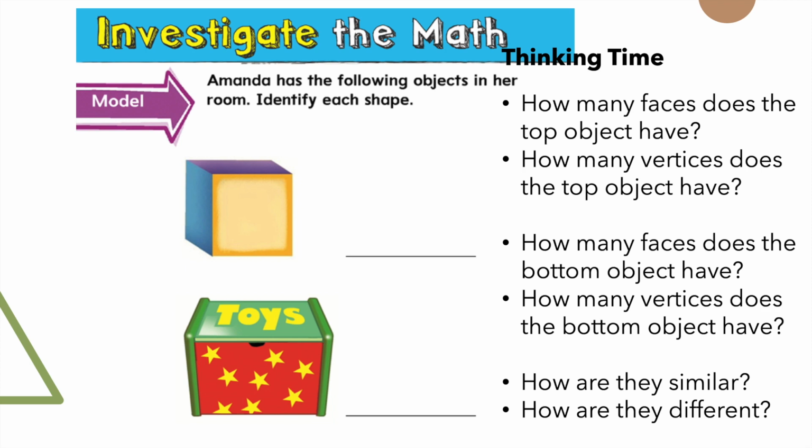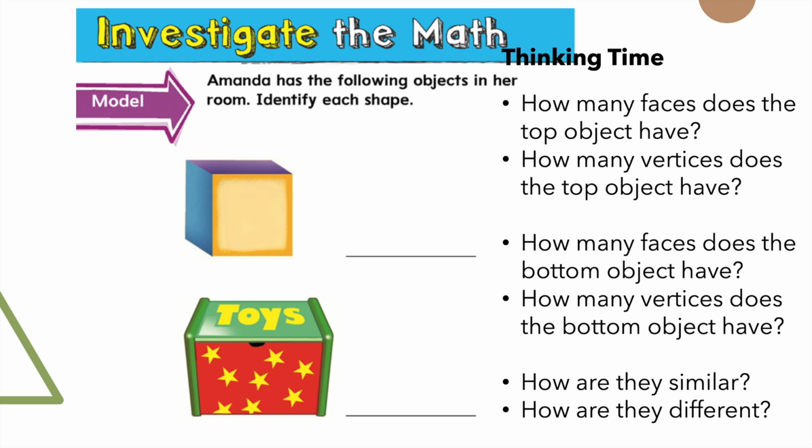Faces are the flat side of the shape. This is one face. Here to the side is another face. On the top, there's another face. So we could see 3 faces on this object. But there are also the bottom face that we cannot see, the face in the back, and the face on the side.